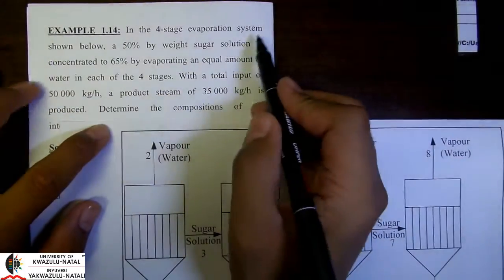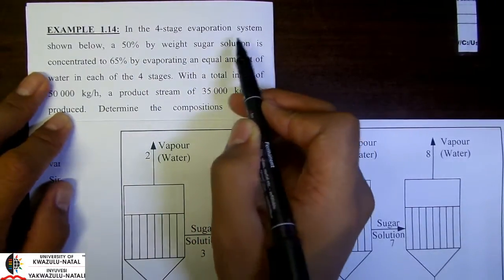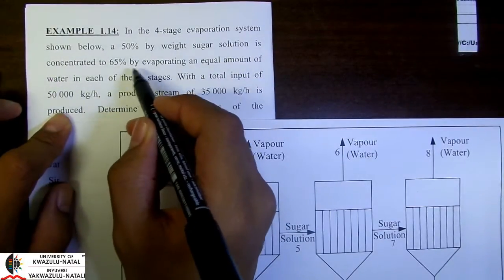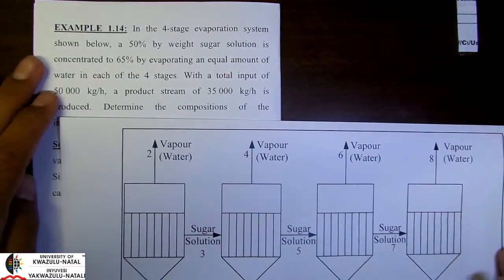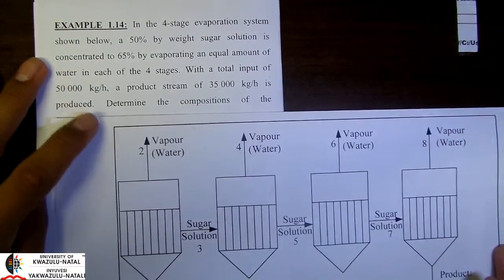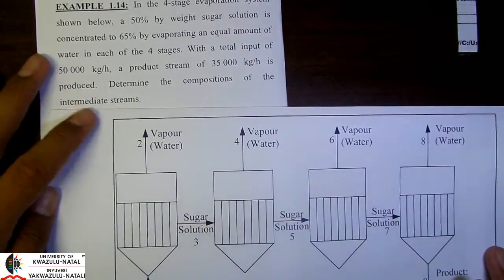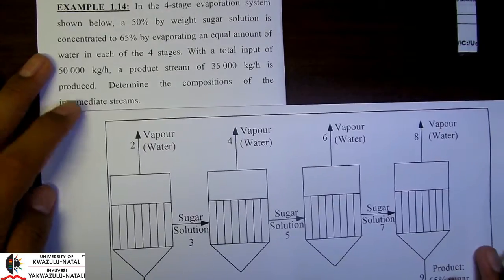Okay, so it's a 4-stage evaporation system. 50% by weight sugar solution is concentrated to 65% by evaporating an equal amount of water in each of the 4 stages. And with a total input of 50,000, a product stream of 35,000 is produced.